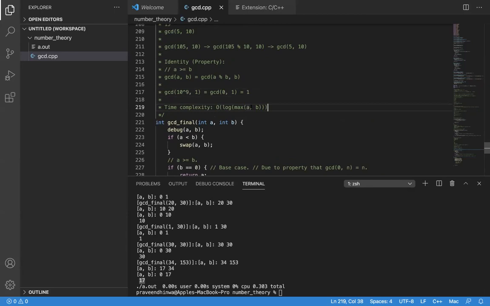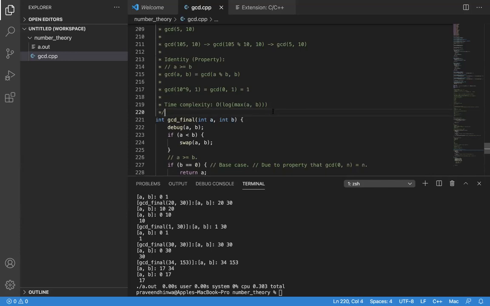Log of 10 power 9 is not that large a number. Let's say base 2, so we can compute log of 10 power 9 divided by log of 2. This is approximately 29.8930. So for finding GCD of numbers up to 10 power 9, it will take only about 30 steps.